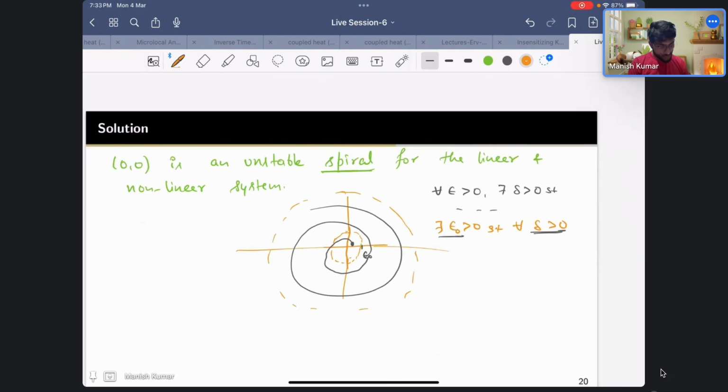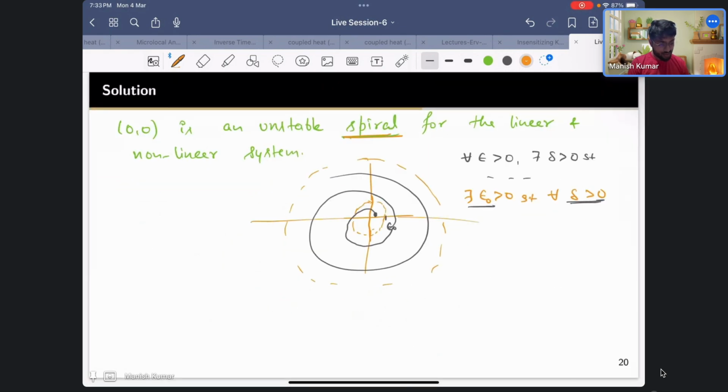And it is going in a spiral way. This is the most important thing you can say: it is a spiral. So it can never be a closed curve. That means there cannot be any periodic solution. Is this clear?